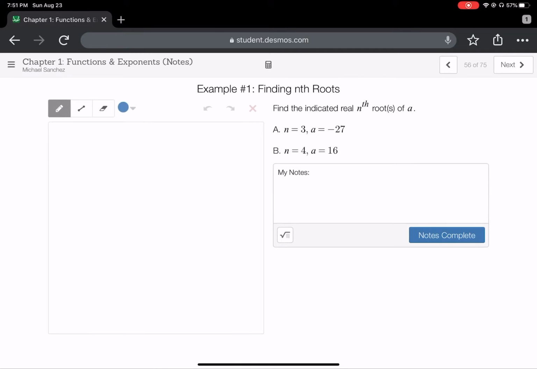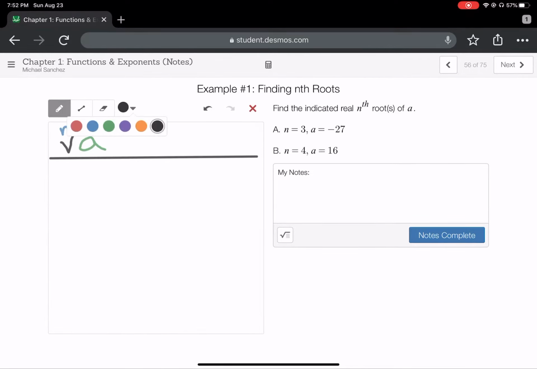All right, so we're going to go ahead and use that same setup. I'm going to have my root symbol, my n, and then I have a. So this is the nth root of a. It says we want to find the indicated real nth root of a. So that's our form.